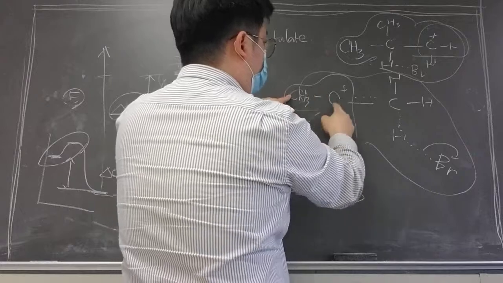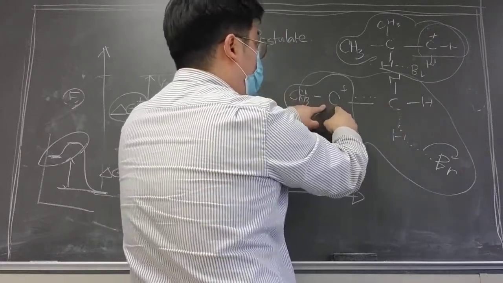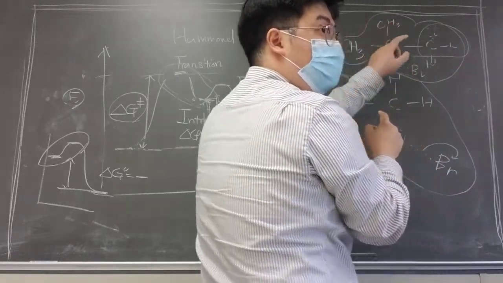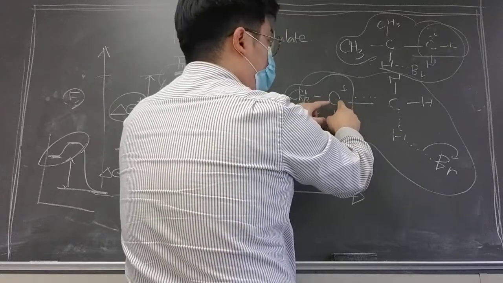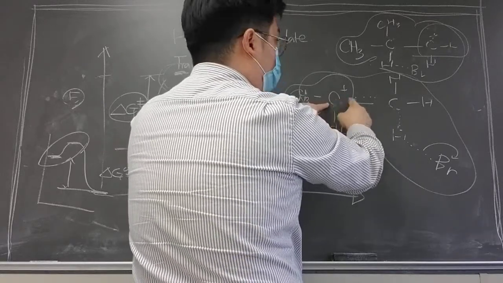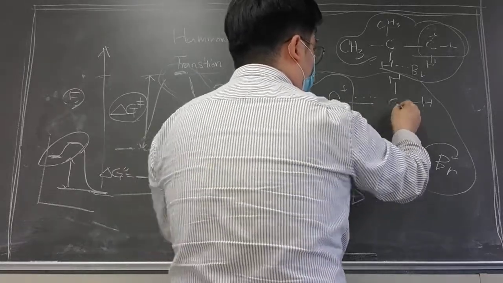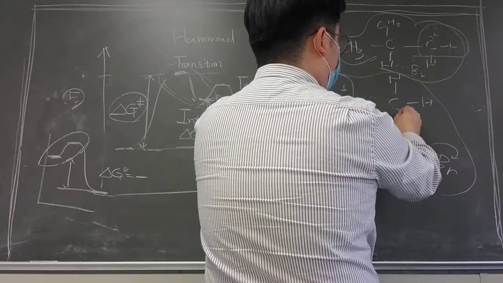So this is a more substituted carbocation than this one. This one is hydrogen, right? So you can keep the carbocation on this carbon of the previous double bond, and you need to make the bond to the hydrogen. The first step is hydrogen to this carbon.